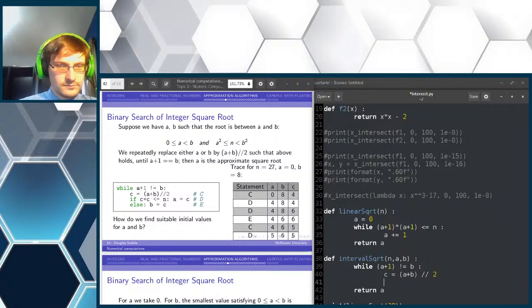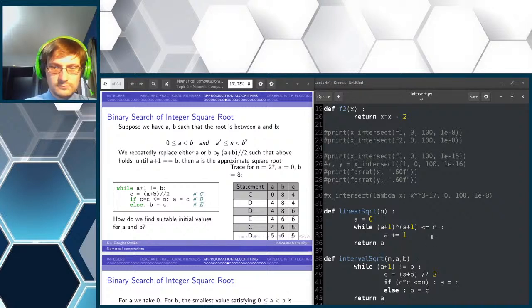If C times C is less than or equal to n, then we set A equal to C. Otherwise, B is equal to C. Then we return A.